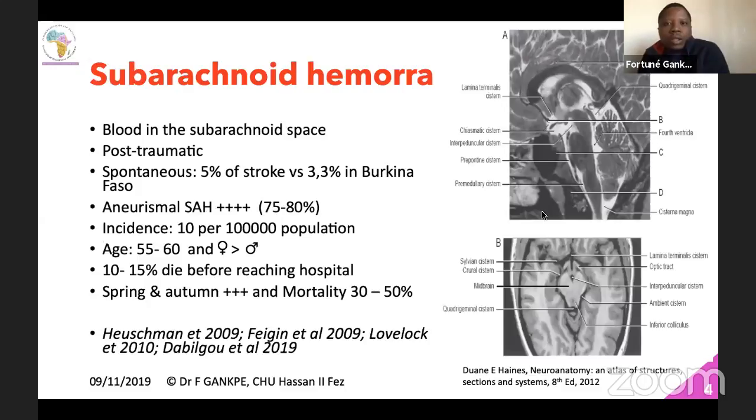Subarachnoid hemorrhage is a condition with the presence of blood in the subarachnoid space, between the arachnoid and the pia mater. It could be post-traumatic or spontaneous, but post-traumatic subarachnoid hemorrhage is not my topic here.